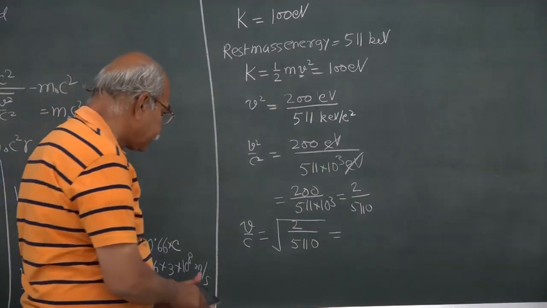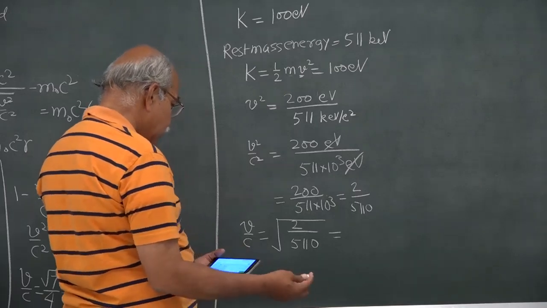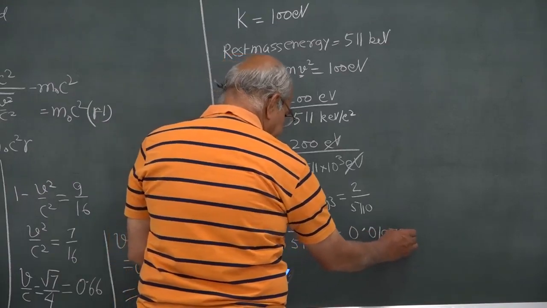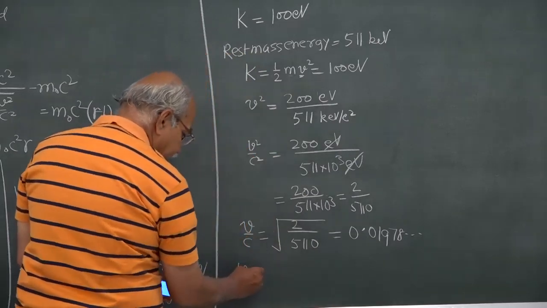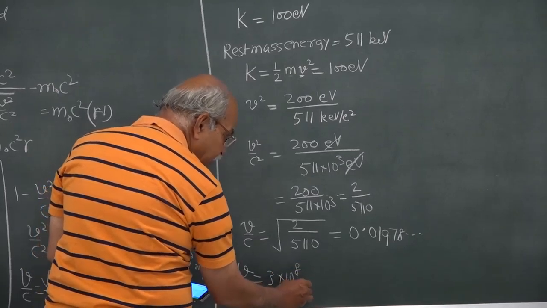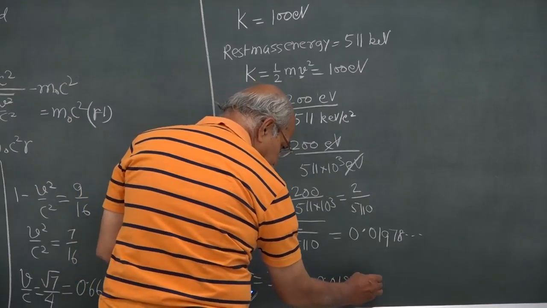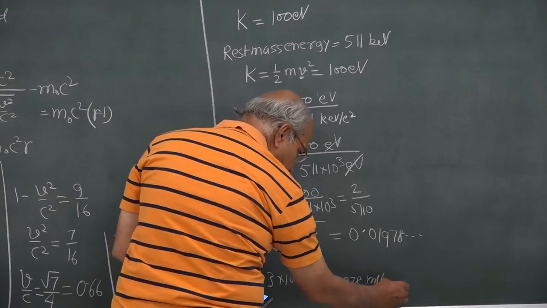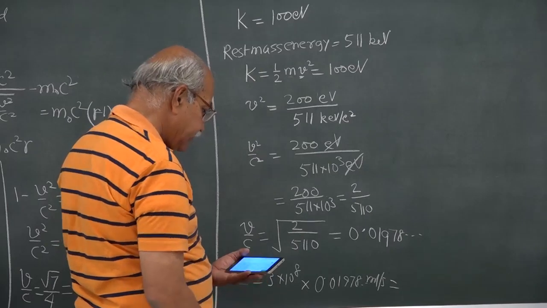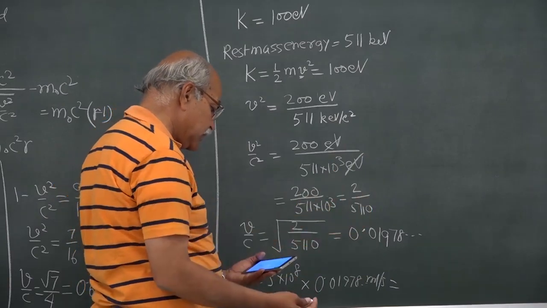You can work out how much it is, and that is 0.01978 etc. So, v is 3 into 10 power 8 multiplied by this quantity 0.01978 meter per second, which is 0.05935 etc. We will stop at 0.059.